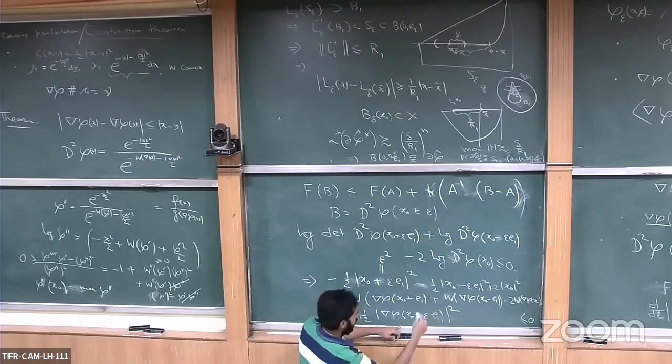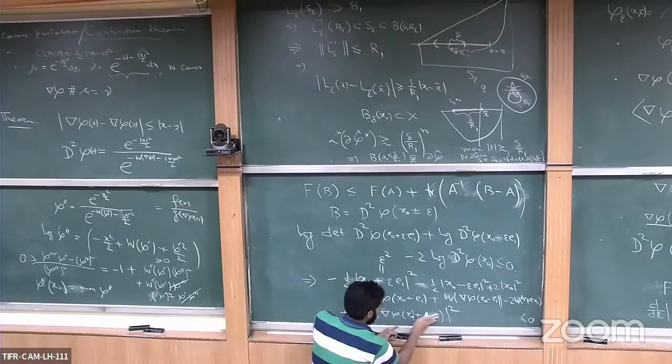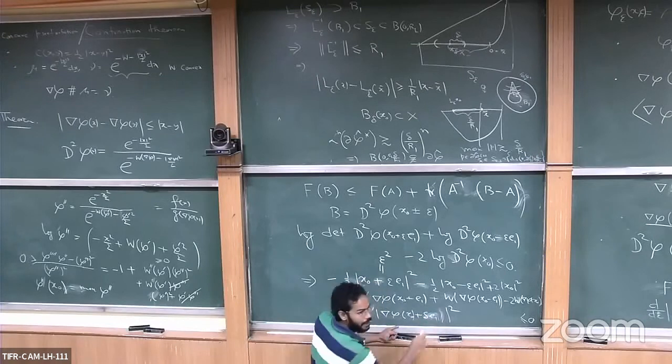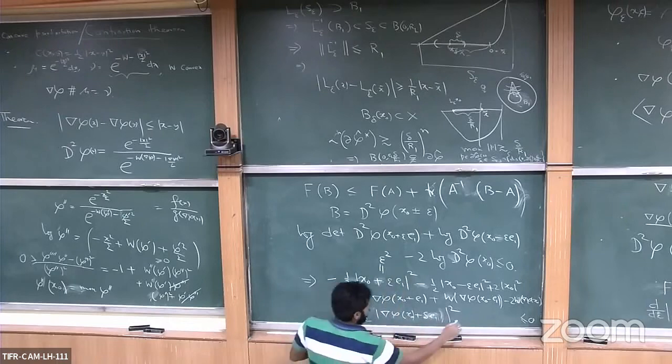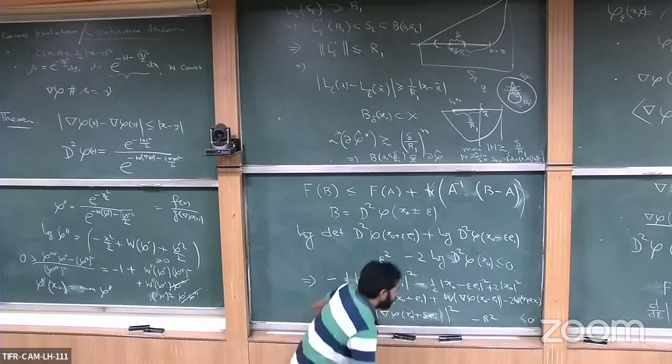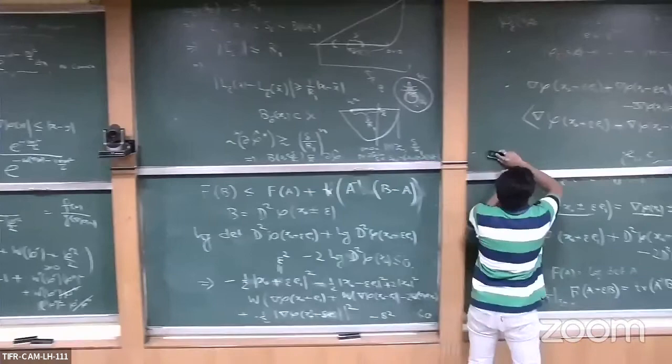Now these are all, according to my computation, plus delta e1, right? So if I do similar computations here, we will get minus delta squared, which is less than or equal to 0.